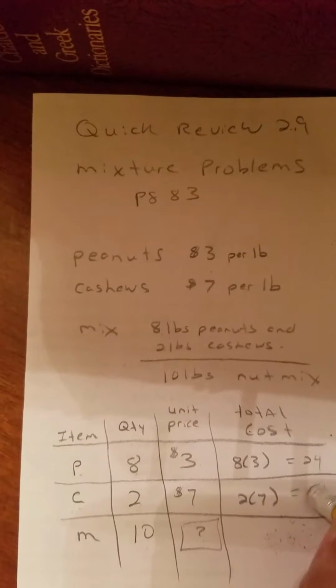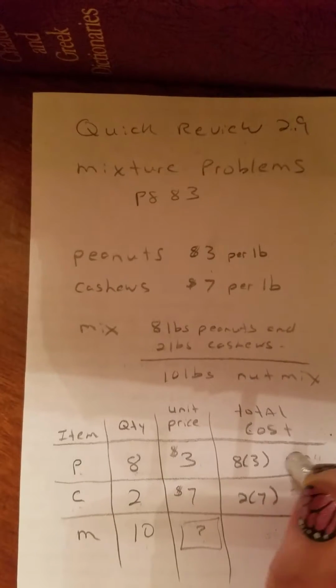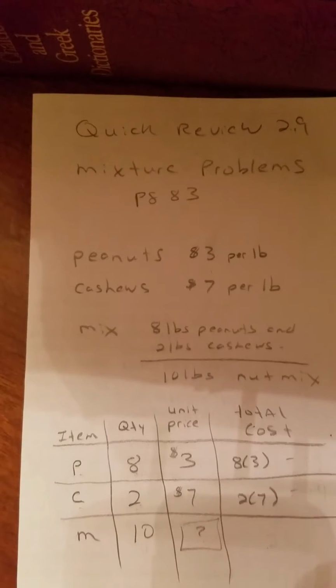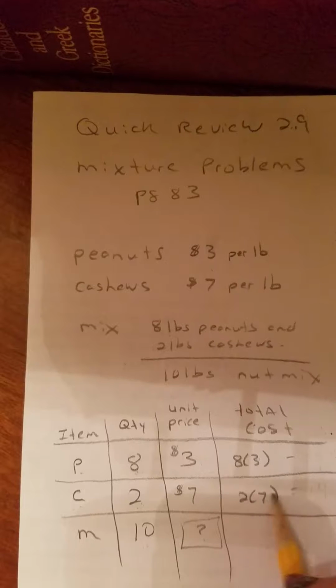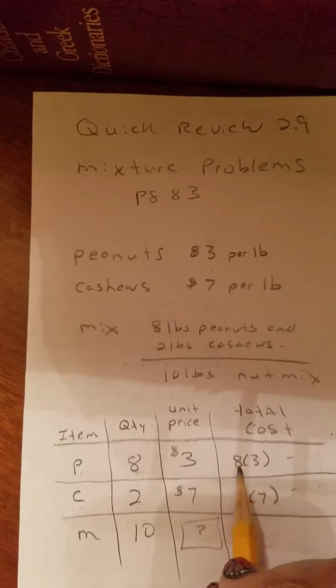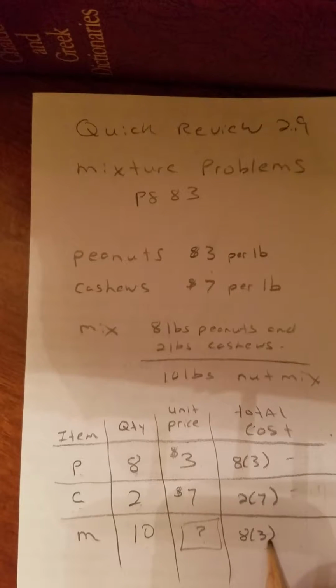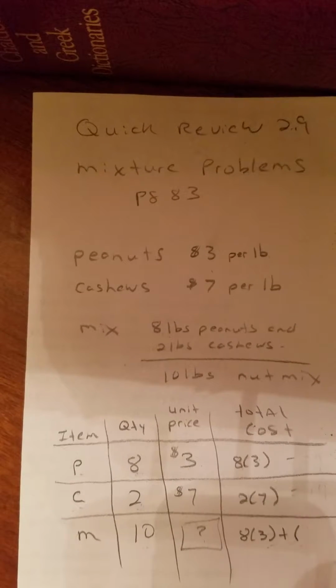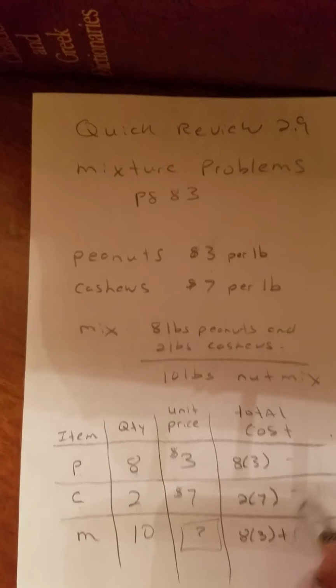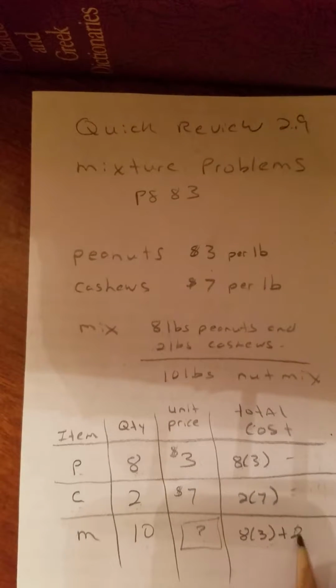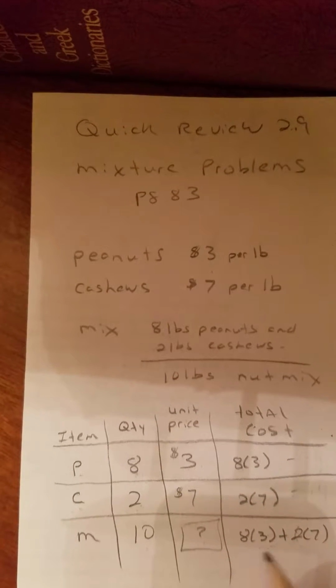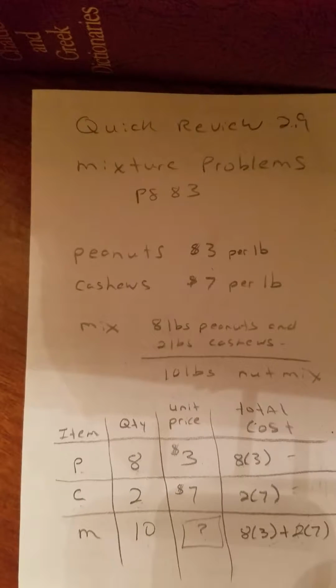Another way, instead of writing 14 and 24, what a lot of times you'll see is I'm taking the total, and I wanted you to see that I was summing that up. So really, this total cost would be 8 times 3 plus 2 times 7.